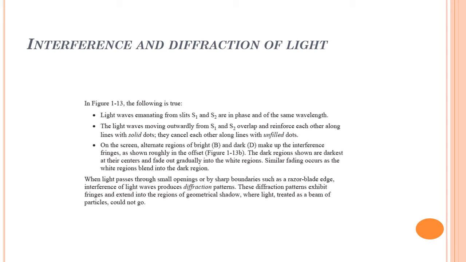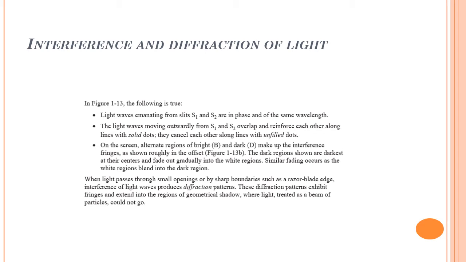The light waves move outwardly from S1 and S2, overlap and reinforce each other along lines with solid dots. They cancel each other along the lines with the unfilled dots. On the screen, alternate regions of bright and dark make up the interference fringes as shown roughly in the offset. The dark regions shown are darkest at their centers and fade out gradually into the white regions. Similar fading occurs as the white regions blend into the dark regions.